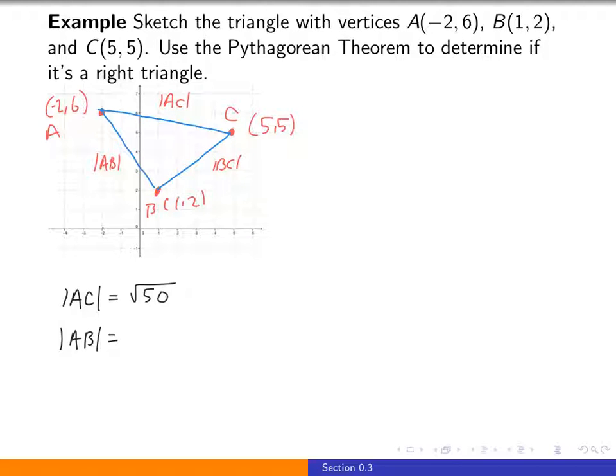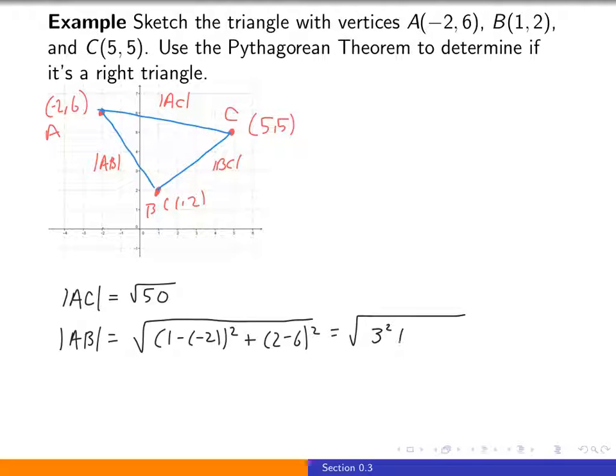So for the side AB, we take the square root of the difference of their x-coordinates, 1 minus -2, squared, plus the difference of their y-coordinates squared, 2 minus 6 squared. That would be the square root of 3 squared plus 4 squared, which is the square root of 25, which equals 5.